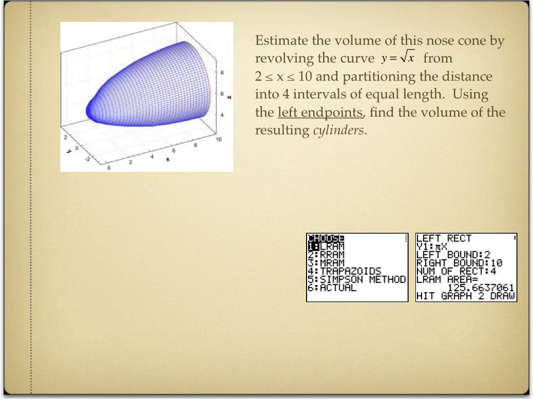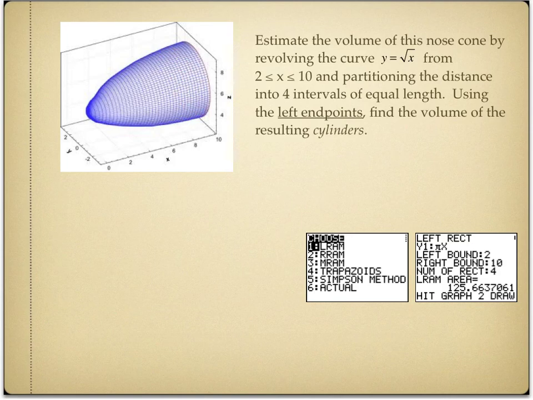In other words, 4 big cylinders, so to speak. And then if we could find the volume of each of those cylinders, and then add them up, that would be a good approximation for the volume of this whole nose cone.